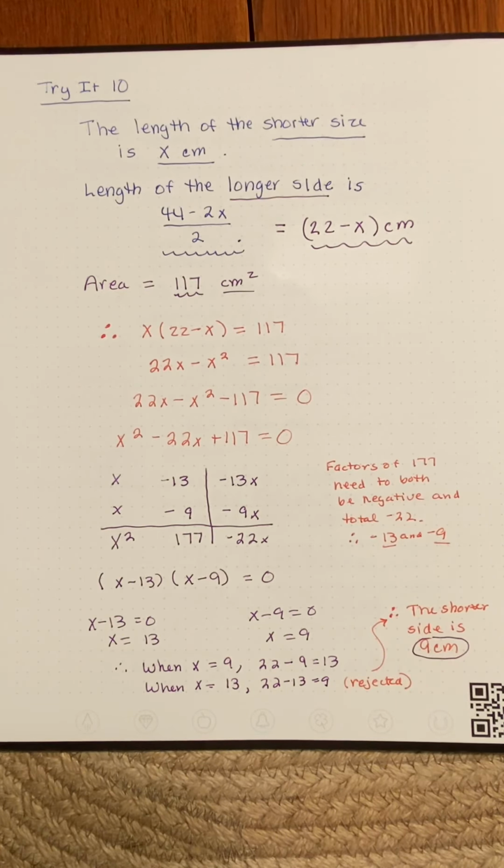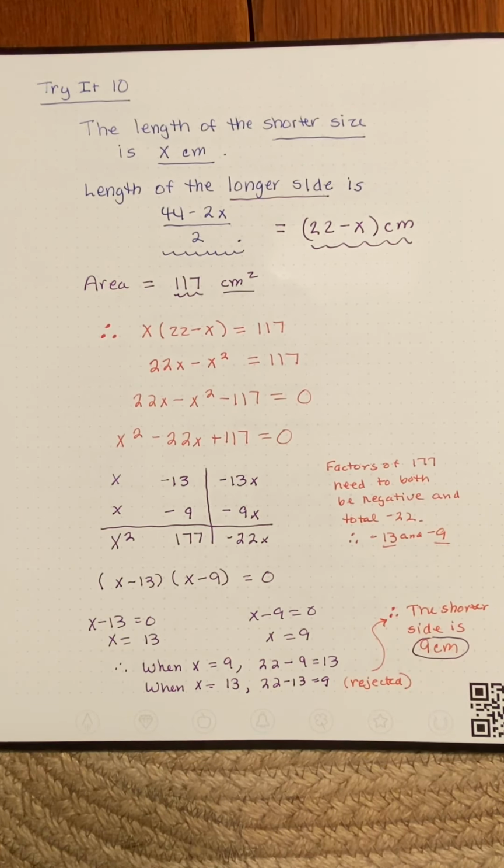Now again, factors of 117 you may do on your calculator. And I know this ends up to be not a prime number because 1 plus 1 plus 7 is 9. That's divisible by 3. So I can start off with 3 times something. But keeping in mind, both have to be negative because you need a positive product, and they both have to be negative because this totals to be a negative number.